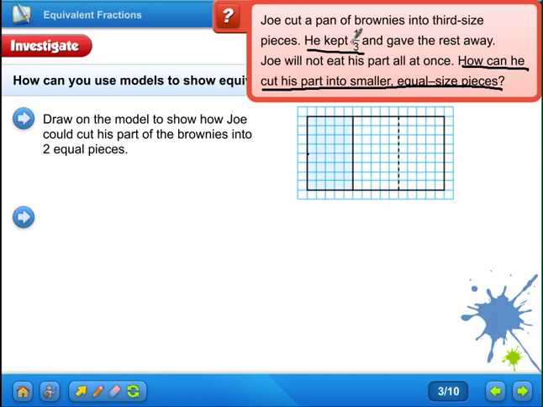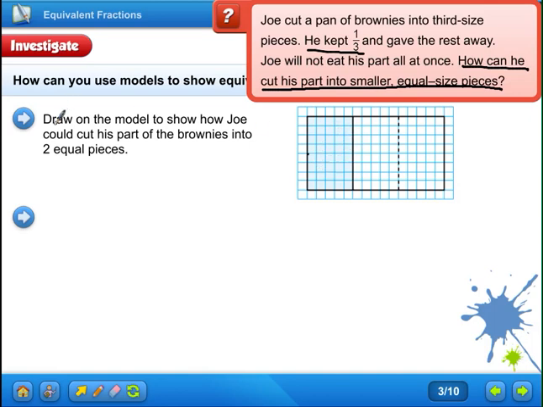He kept 1/3. So this blue shaded part right here is what he kept. He gave away this part right here, which was 1/3 and 1/3, which when you put it together would be 2/3. So he gave 2/3 away, and he kept this part right here, which was 1/3.